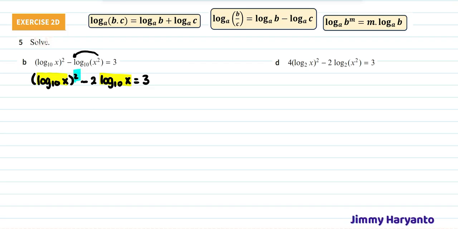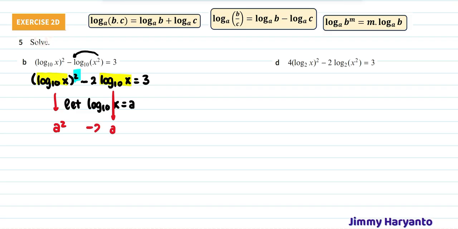That means this one is similar to the quadratic equations. And that also means we have to let the log 10x as a first. So for this one, it will become a square, and this one it will become a. The minus 2 is still there, and the 3 also still there.